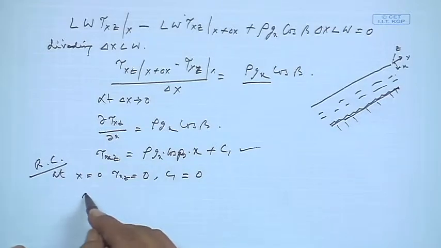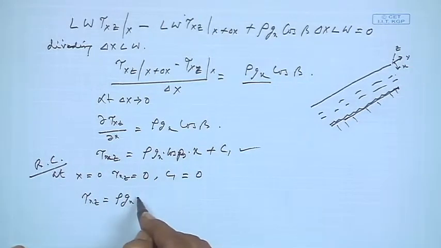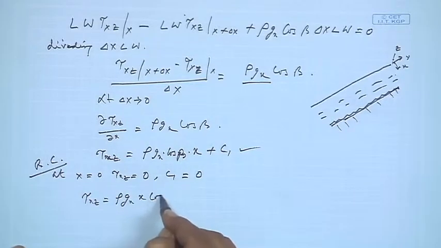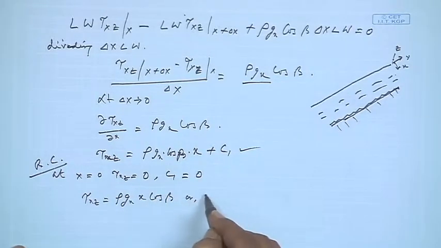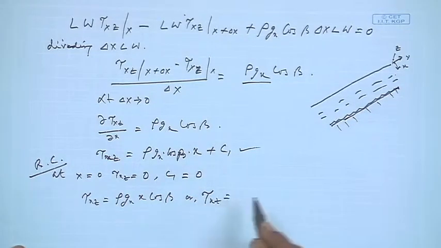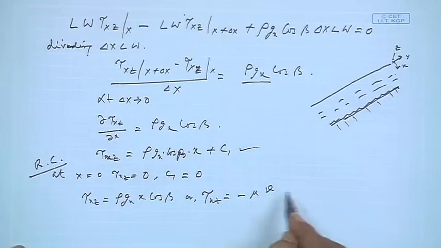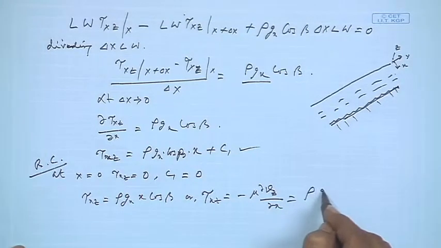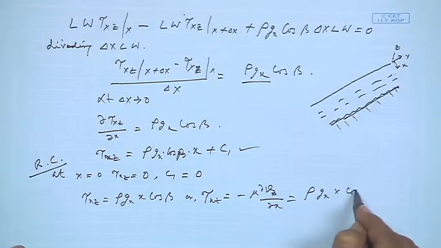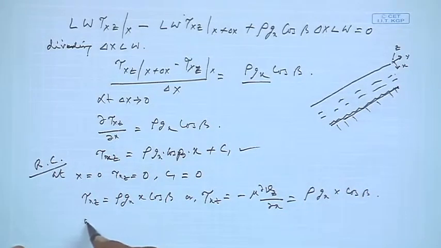So we can write tau xz equals rho g x cos beta into x. Similarly, tau xz equals minus mu del vz del x, which equals rho g x x cos beta.